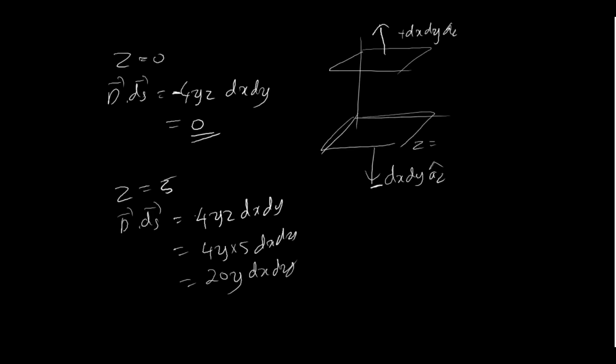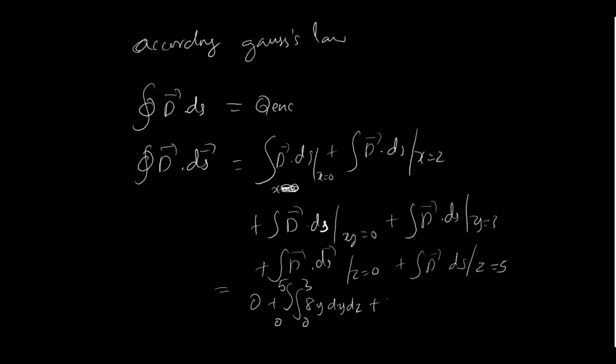So substituting that here, one is minus (2x² plus z²) dx dz plus (2x² plus z²) dx dz. So these two cancel because they are opposite in sign.